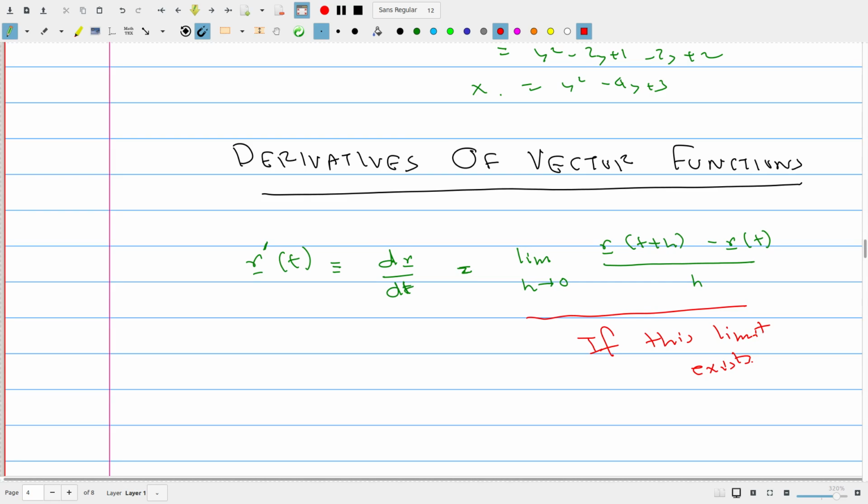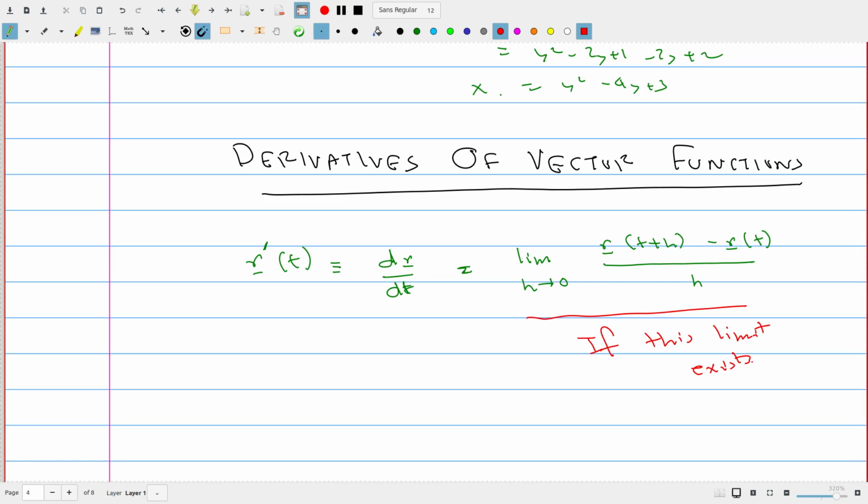So what does this derivative give us in terms of space curves?